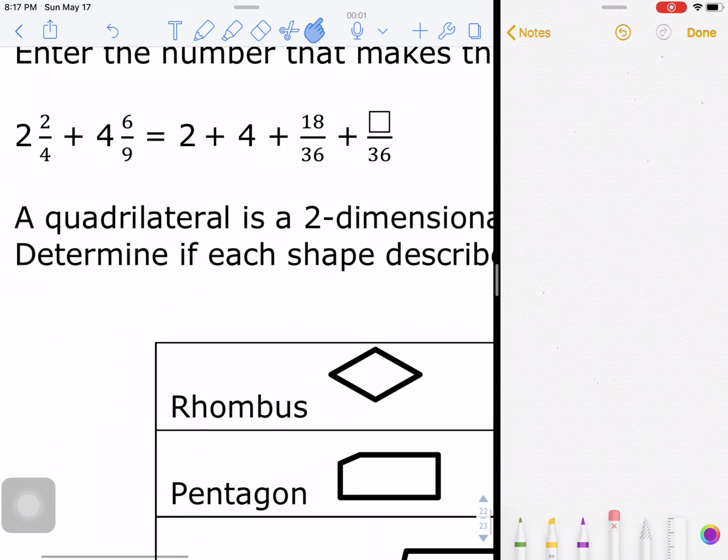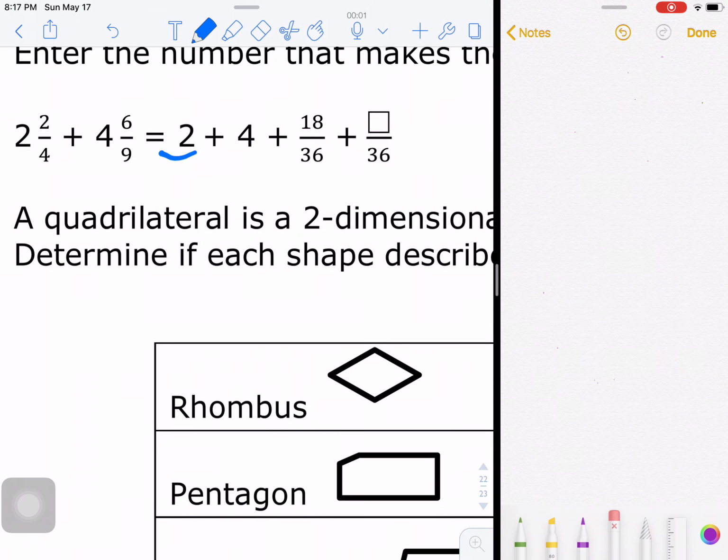So they separated 2 from 2/4, and 2/4 is equal to 1/2, and we look at our fractions here, and we know that 18 is a half of 36, so that's equivalent. And the whole number there is 4, and the fractional part with 4 is 6/9.